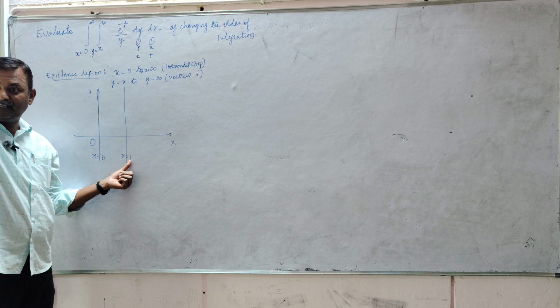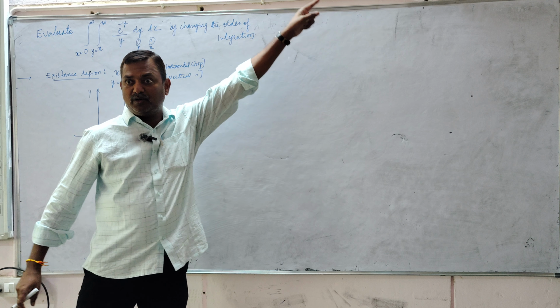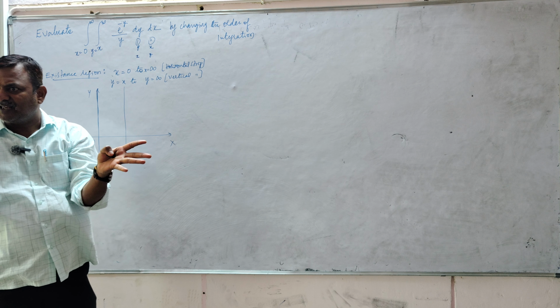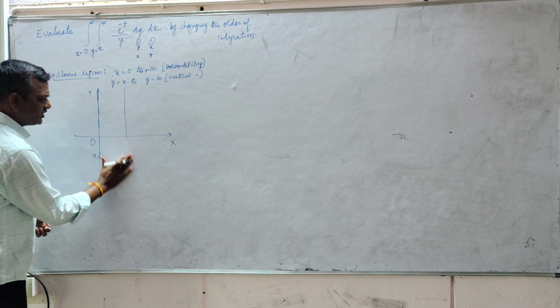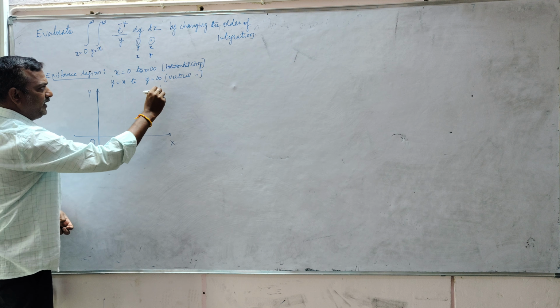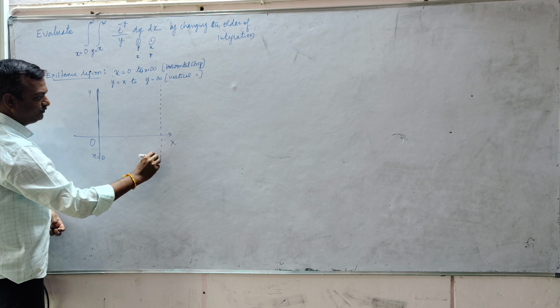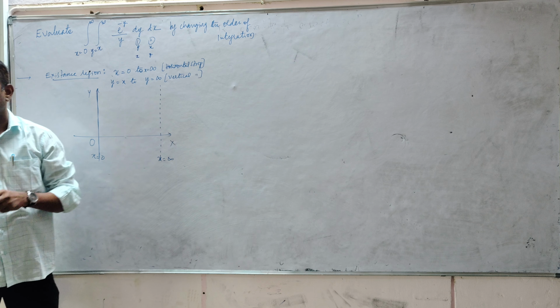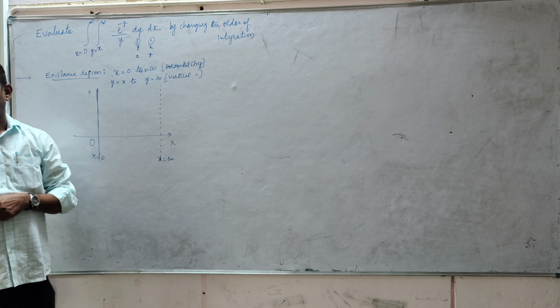x equal to infinity means it will go along the x-axis. We don't know the exact position, so for our assumption I am drawing a dotted line, and this is called x equal to infinity. It is moving indefinitely along the x-axis.